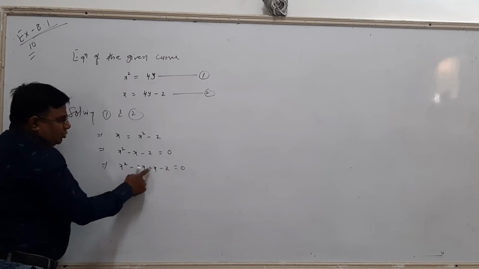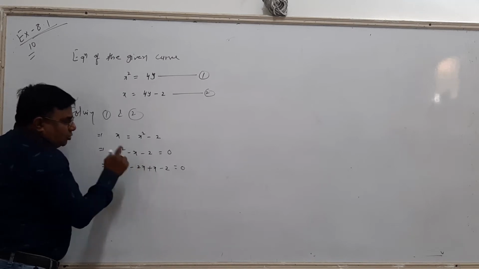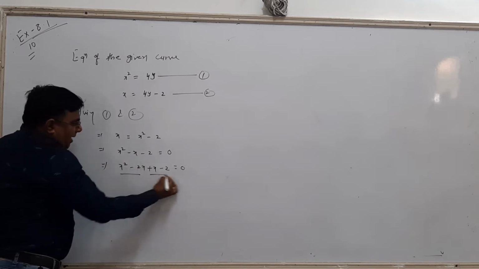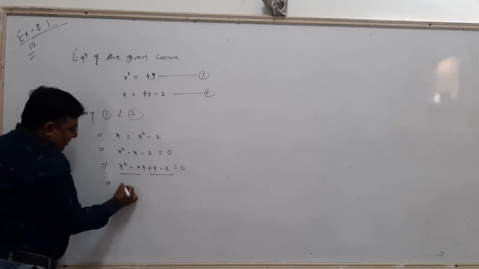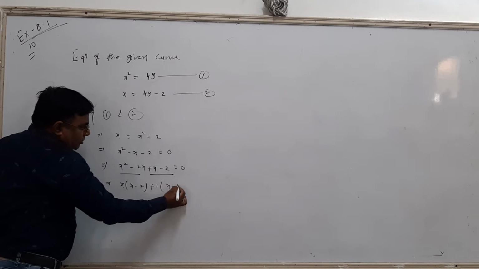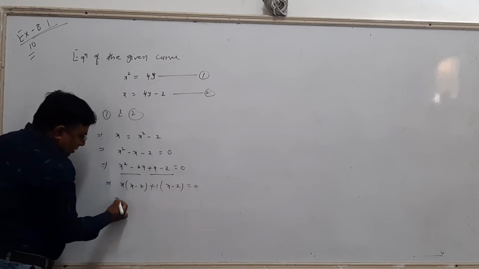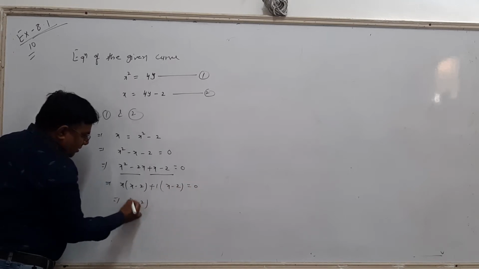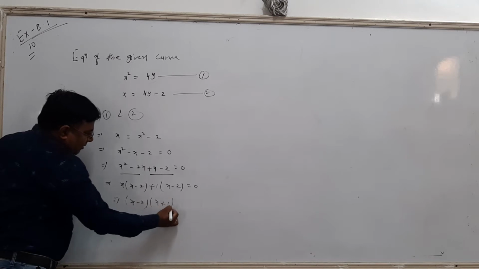Right? Minus 2 plus 1 is the x term, and 2 ones are 2. Then from the first two, x is common, x minus 2, and from the last two, 1 is common, x minus 2 equals to 0. Now x minus 2 is the first factor and x plus 1 is another factor.